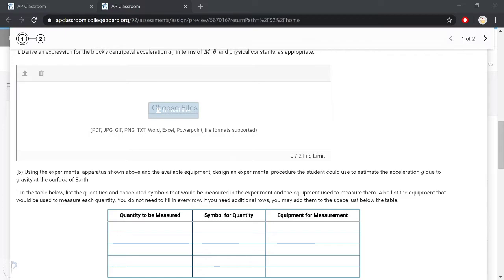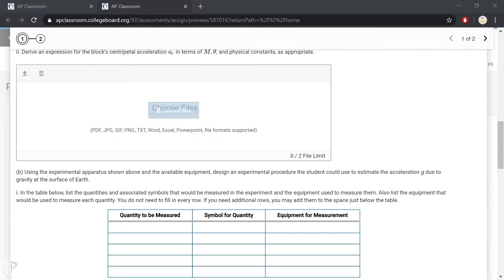Now, do I need m? And someone could say, oh, it cancels out. Do I really need it? Well, I could do it a couple ways. I could figure out what a_c is and then figure out what g is, right? If g tan theta is a_c, then g is equal to a_c over tan theta.